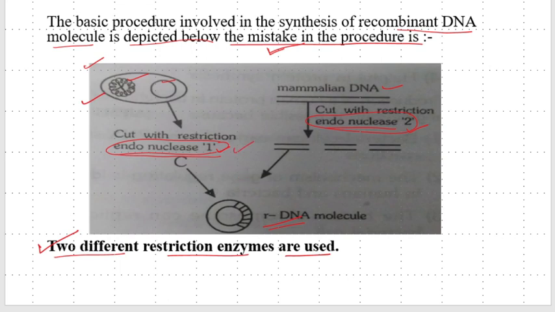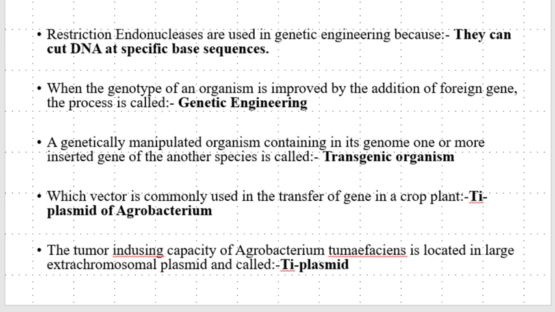Next question: restriction endonucleases are used in genetic engineering because they can cut the DNA at a specific base. They have a very good pattern to cut the DNA.